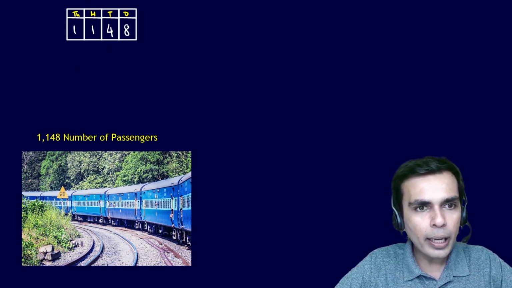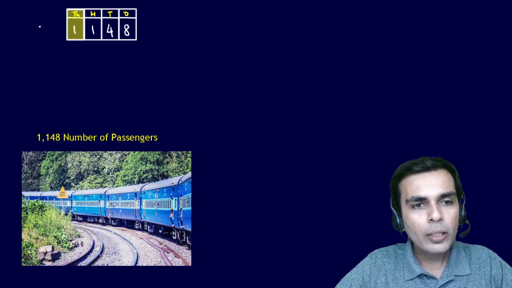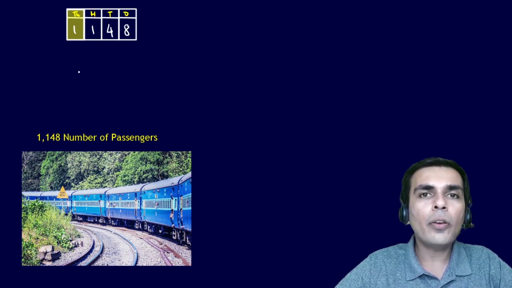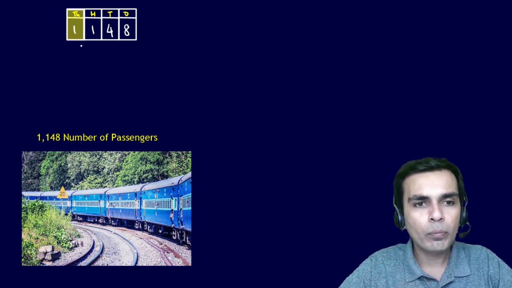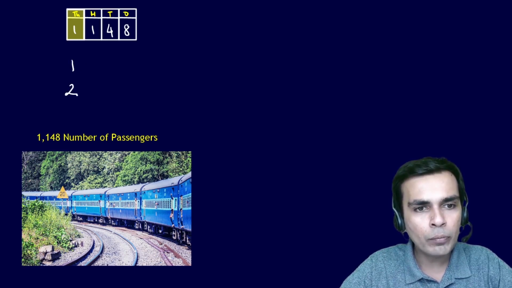So let's focus on the thousands. The procedure is called rounding off. It means we want to make the number simpler by using only one or two place values, not all the place values. If you think about thousands, the closest thousands will be 1000 or 2000.